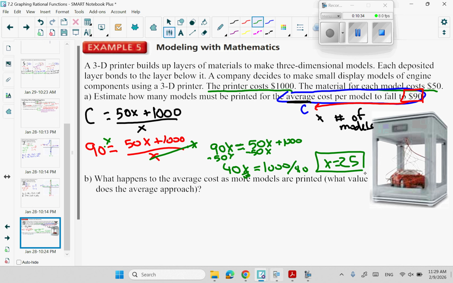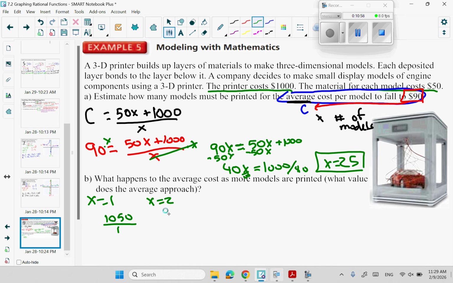Or B, what happens to the average cost as more models are printed? Well, if I only made one model, 50 times 1 is 50, plus 1,000 would be 1,050. So if x equals 1, I spent 1,050 per one model, so my average cost would be 1,050.